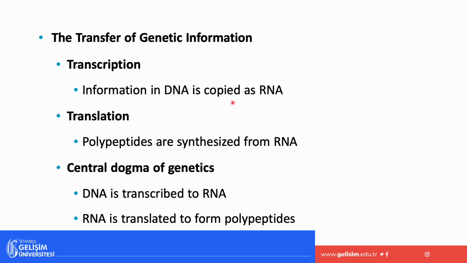The RNA transcript then leaves the nucleus and is translated into a polypeptide chain on ribosomes in the cytoplasm. And this is called translation. So the sequence of amino acids in the polypeptide chain is determined by the sequence of nucleotides in the RNA molecule.